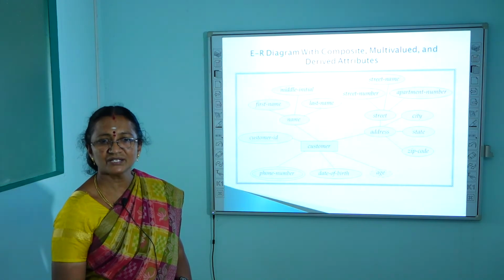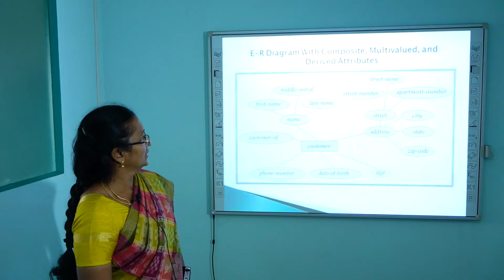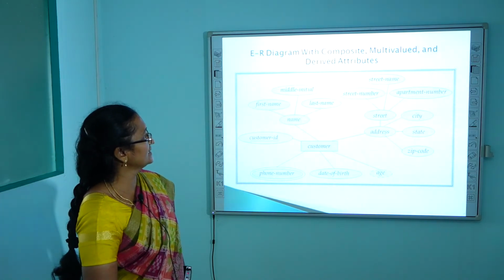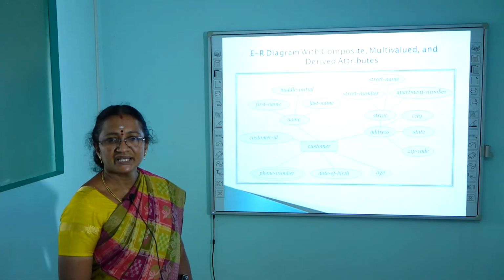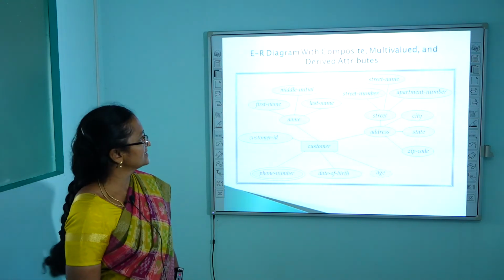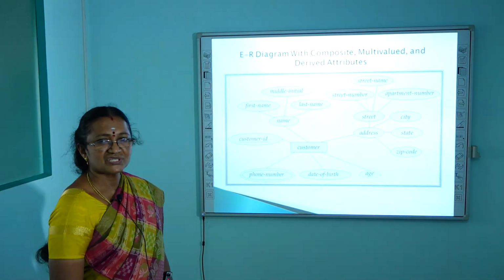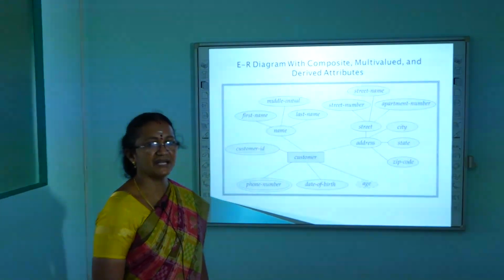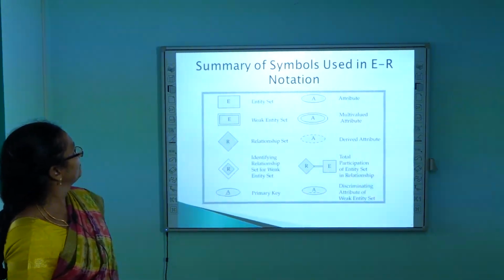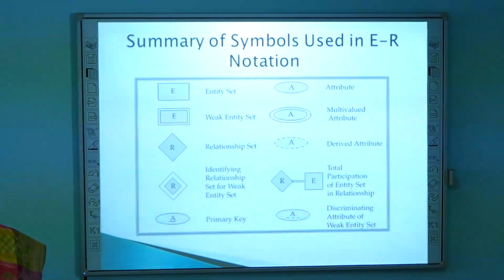From the single attribute we can derive city, state, and zip code. At the same time, in the street, we have street number, name, and apartment number. We can derive these values from the attribute street. Also, age can be derived from the date of birth. It is the derived attribute. Next one. This is the summary of the symbols used for the ER diagram.